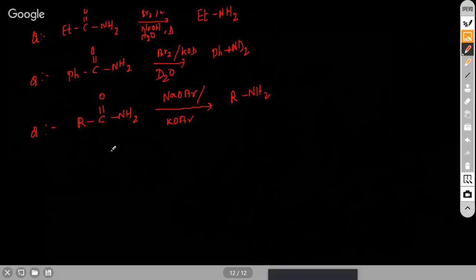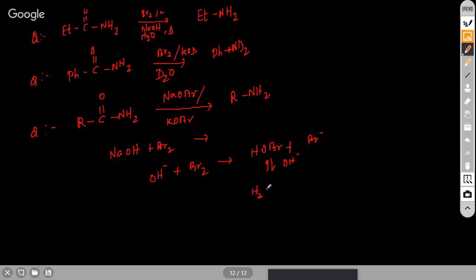See, if you write this, or if you write Br2 NaOH, both are the same thing. Actually, you see this reaction goes like this. When you take NaOH plus Br2, this OH minus combines with Br2 as HOBr, and Br minus goes out. Now this HOBr with this OH minus from the base, this H plus will be taken out.